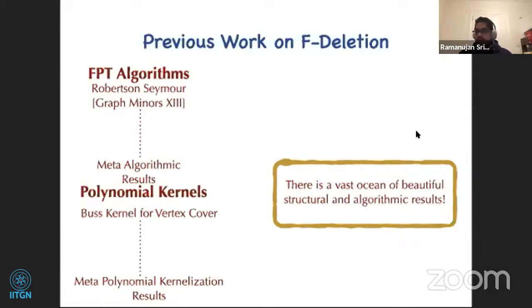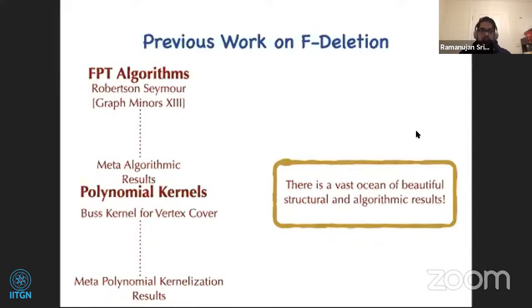And the same holds also for polynomial kernels. So this is actually a very rich subdomain where you have a lot of very interesting structural results, and new algorithmic techniques have been introduced in an effort to answer various questions around F deletion.